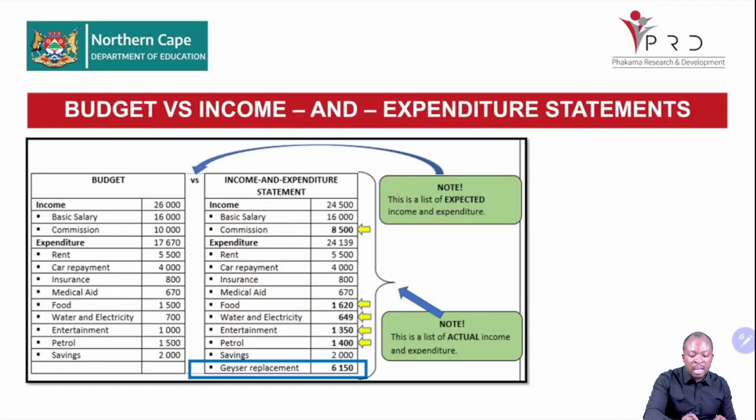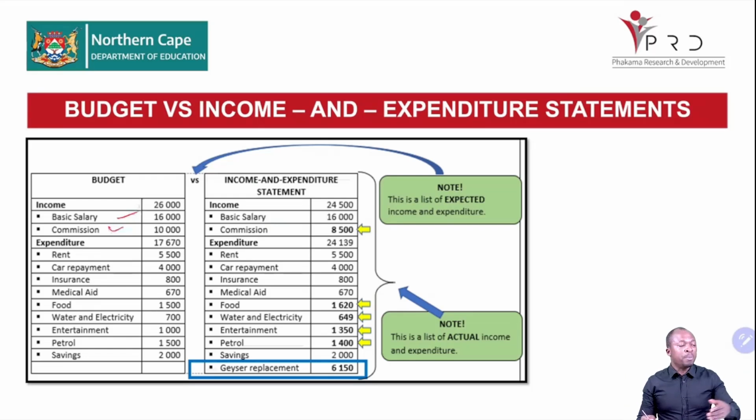You see that on the left side, we have our salary is going to be 16,000. We can get a commission of 10,000. When you hear commission, we are talking of being able to sell an item to be paid part of the item. Like for example, somebody is selling, let's say laptops.